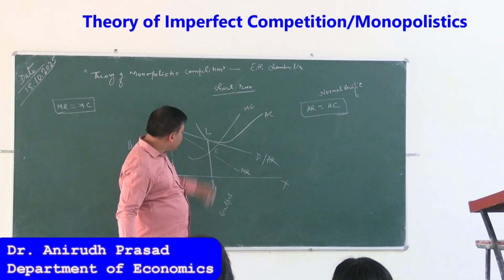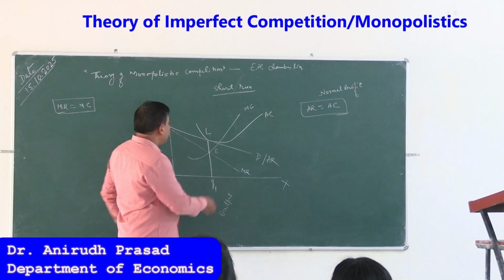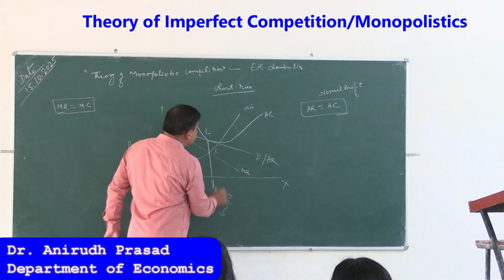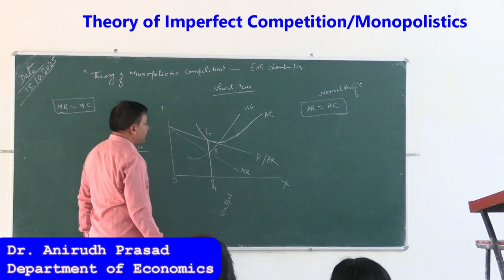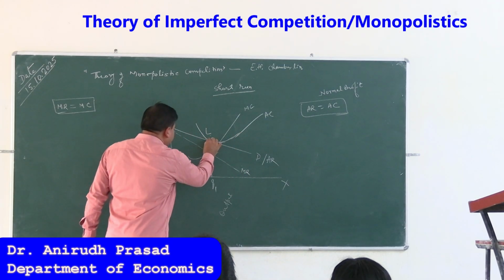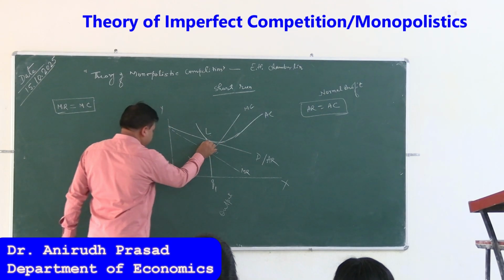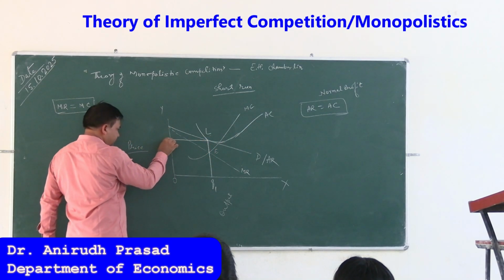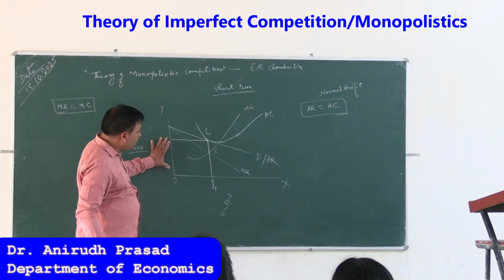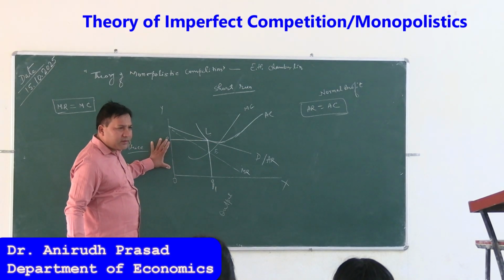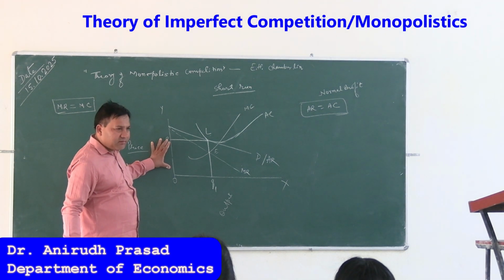Maybe there is a problem of drawing the average cost, but here it is minimum. At this point, the price is OP, at which the firm is ready to sell.